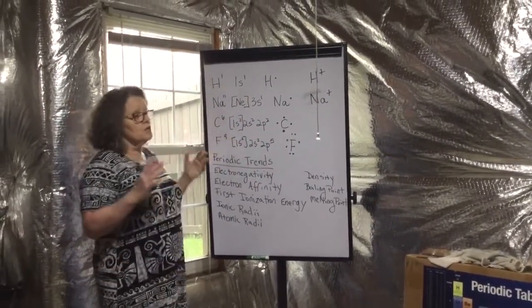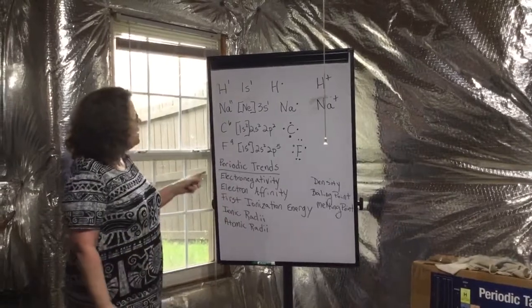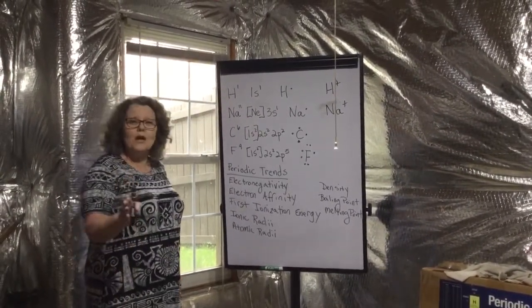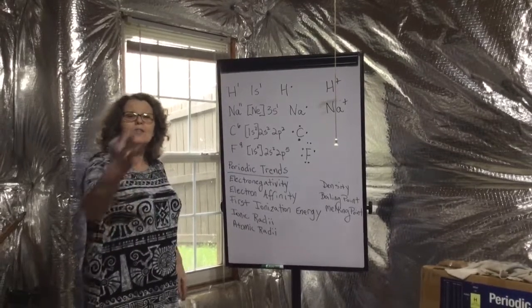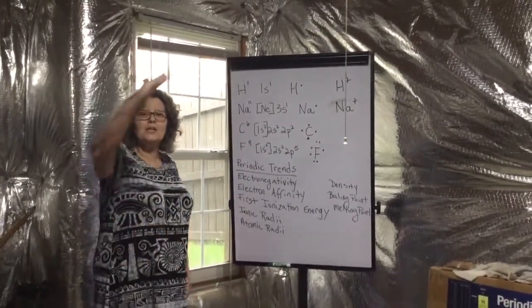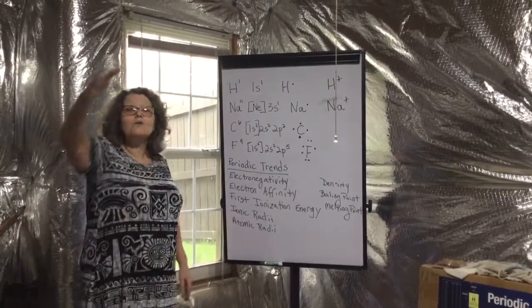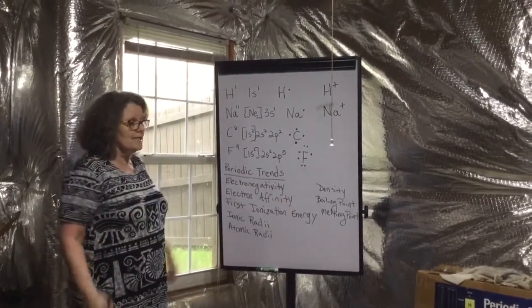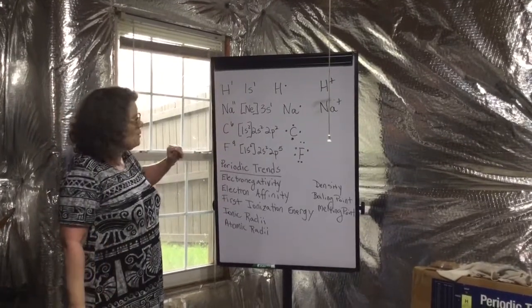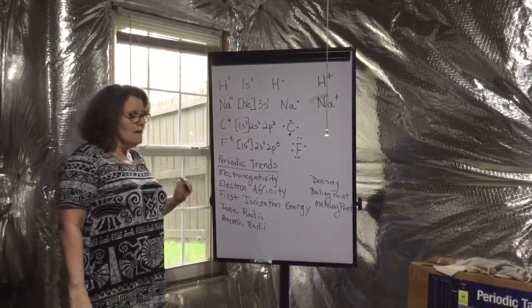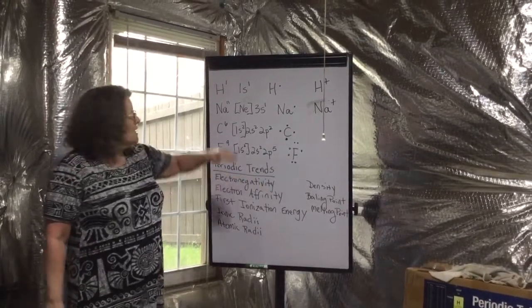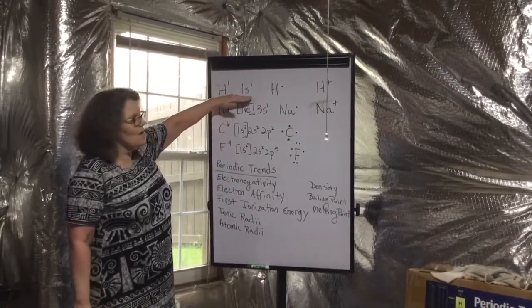Now, the trends are all based on these electron configurations. And remember, electron configurations are how the electrons, what patterns, how do they move? Where are they located outside the nucleus? They're still part of the atom. Okay, that's what we're looking at. We can describe all kinds of patterns and it's all based on these electron configurations.